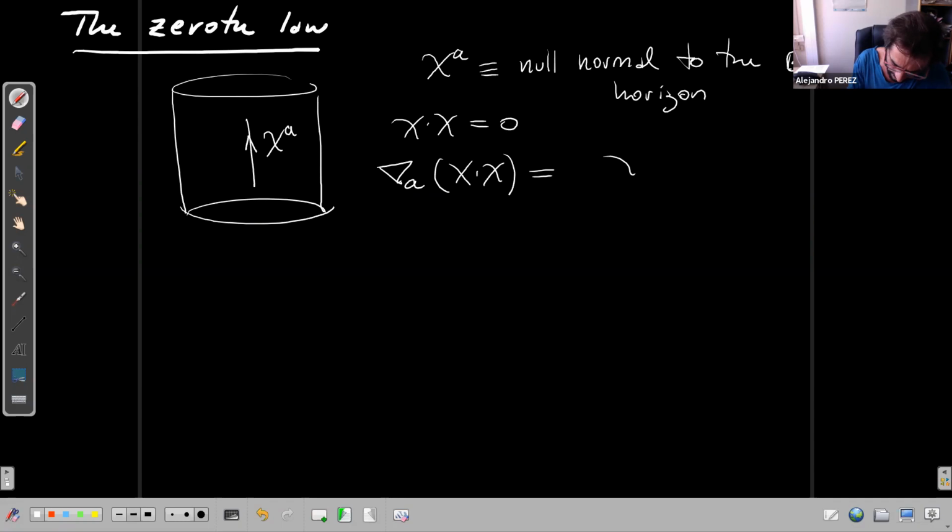So this has to be proportional to chi itself, and the proportionality constant I'm going to call -2 kappa. The reason is that if I introduce this definition, this kappa will be something very important in black hole thermodynamics. It's called the surface gravity.